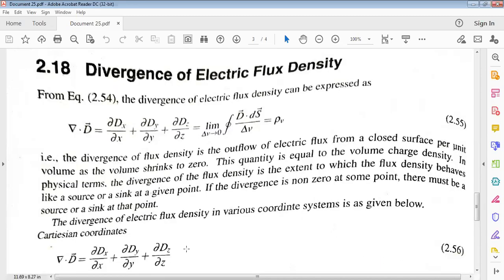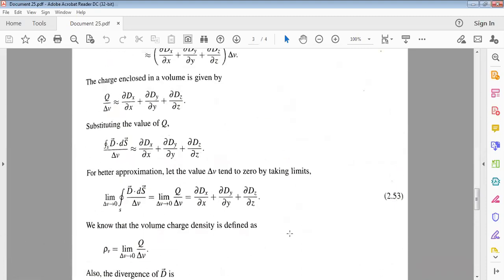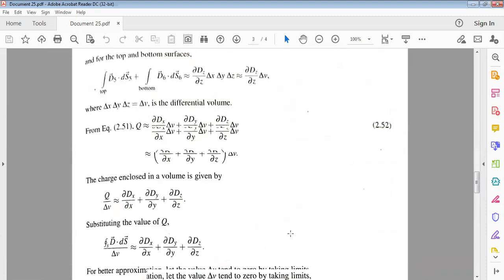Or simply rho v equals del dot D. That is the point form of Gauss law. That is the first Maxwell equation proposed by James Maxwell.